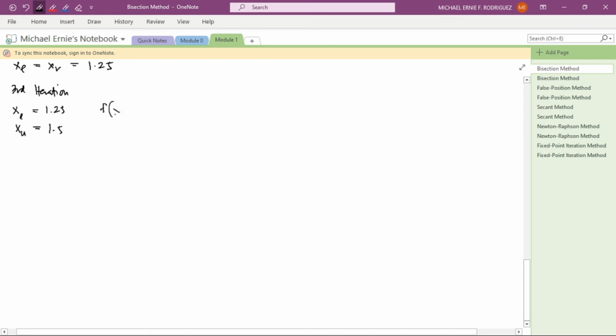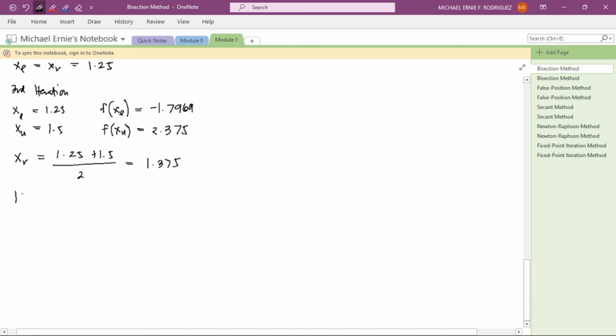And f of x sub L is equal to negative 1.7969 and f of x sub U is equal to 2.375. Evaluating for x sub R, that is now 1.25 plus 1.5 divided by 2. This is equal to 1.375.